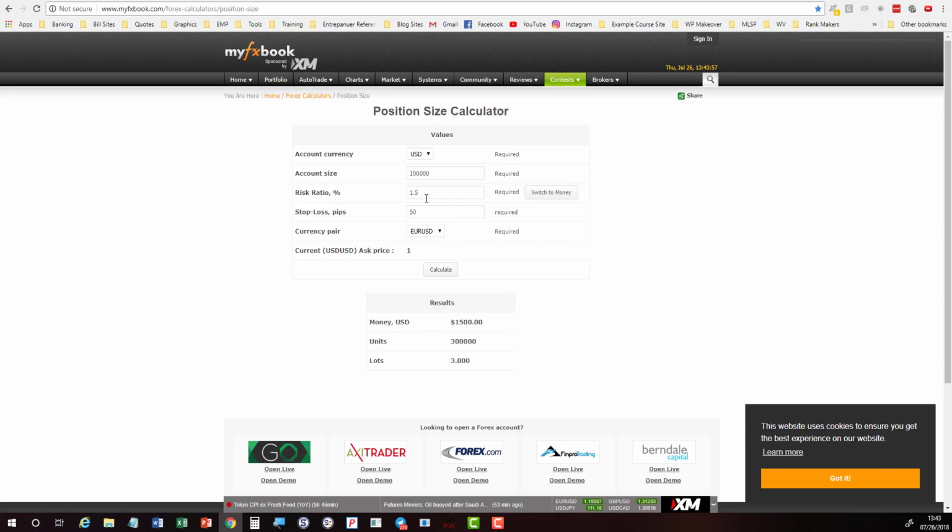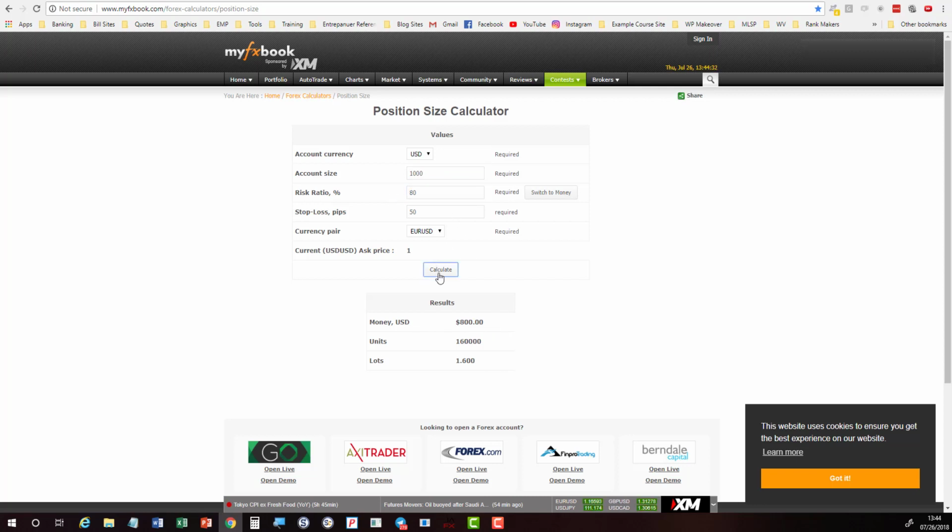All right, but you'd only be risking 0.15% for a 3 standard lot for a 50 pip loss. So again, very, very, very different math. And for a $1,000 account, if I put just one standard lot, obviously I would lose 50% of my balance.